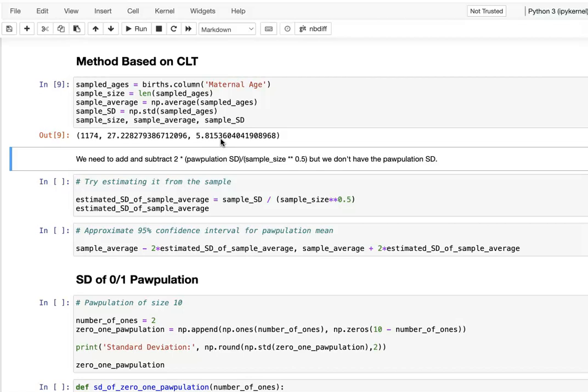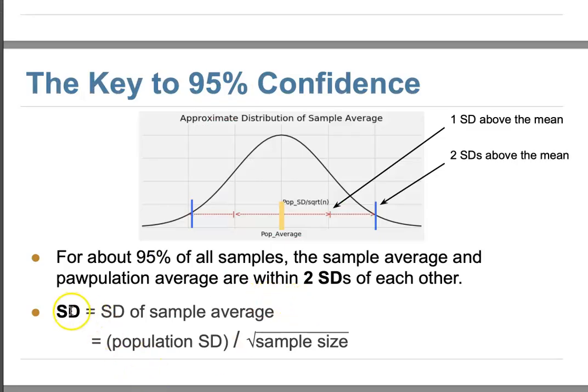So now how do we estimate the population mean? Remember, the population mean will be from our sample mean plus or minus the standard deviation of the sample mean. The standard deviation of the sample average is equal to the population standard deviation divided by the square root of the sample size. Then you will say, we don't know the population standard deviation.